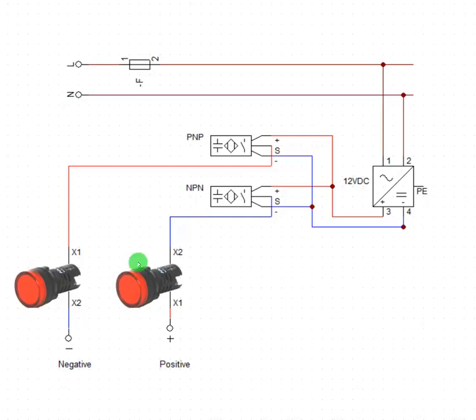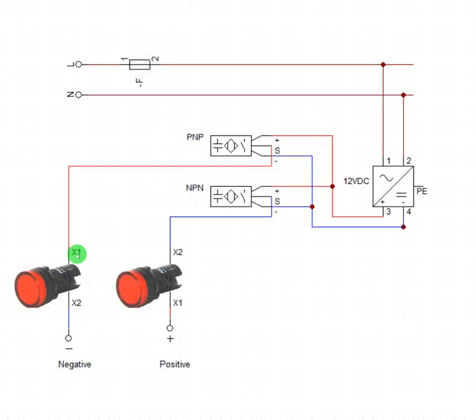Then take a look at the load I want to drive using them. This is a lamp. For this lamp, X2 is the negative, X1 is the positive. The same here, X1 is positive, X2 is negative. Now, this one is sending positive to X1.